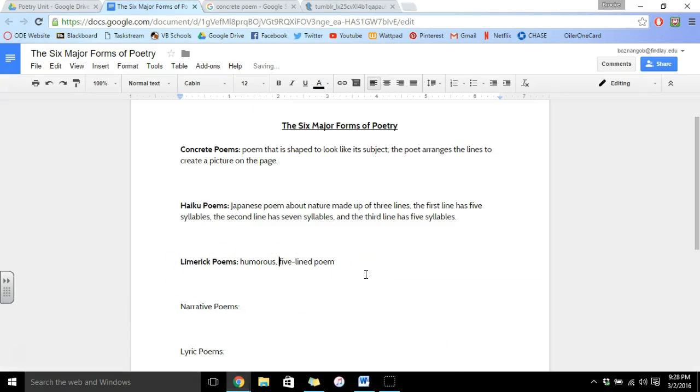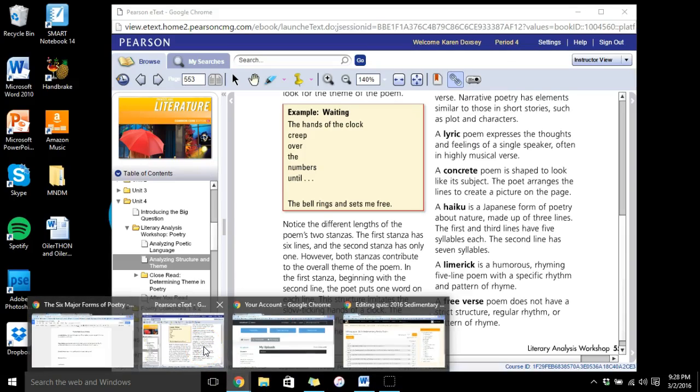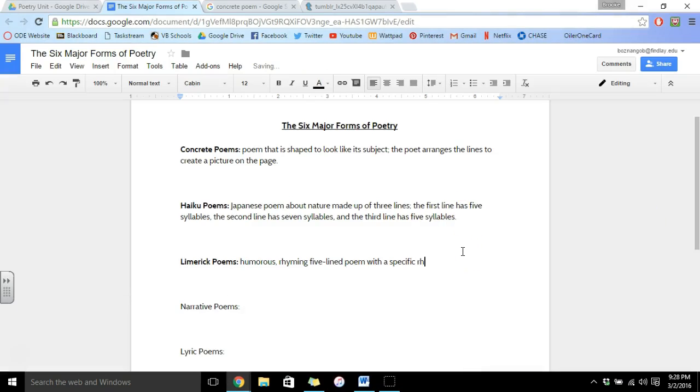I'm going to add rhyming in here. Rhyming poem with a specific, and see, I forgot already. I'm so bad. Specific rhythm and pattern of rhyme.